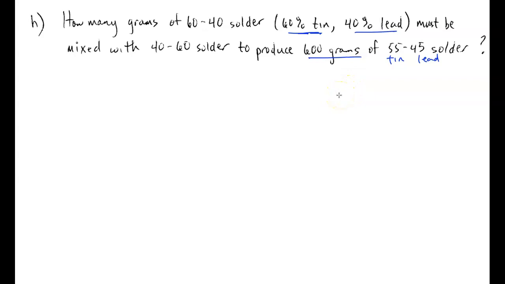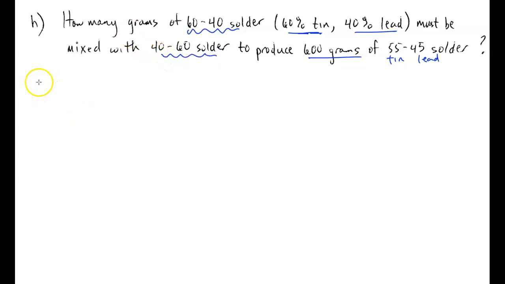Okay. Now, the first thing that we notice here is that we have a total of 600 grams in this final new mixture that we're trying to come up with. Okay. And it's coming from the 60-40 solder and the 40-60 solder.